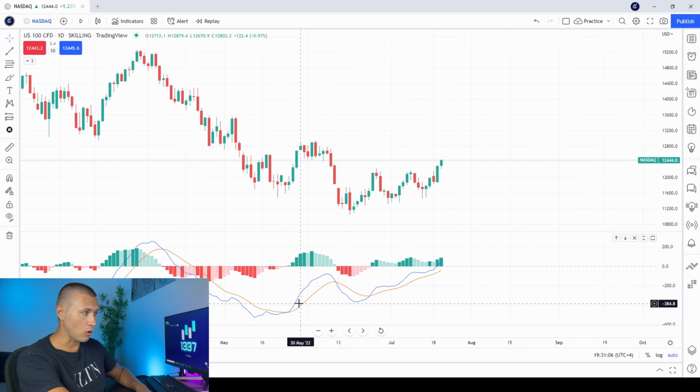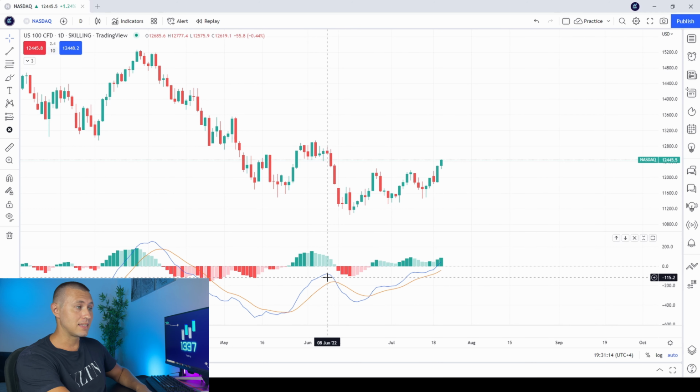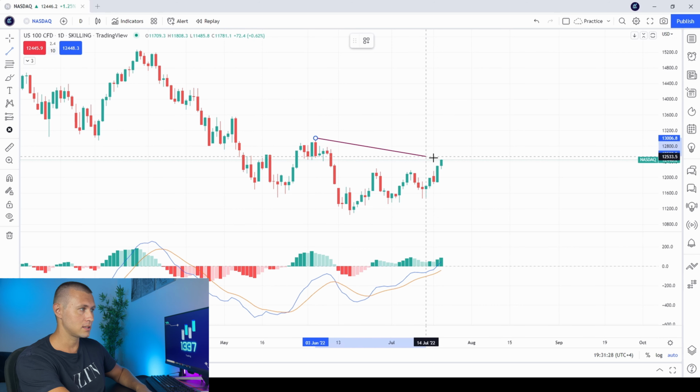You see the peak over here. So it's the same peak. The MACD is representing the same peak, the same wave, all right? It tells us that this peak over here is currently higher than the previous one, which is actually not the case. You see the chart. This is divergence, and I'm gonna mark it so you can see it.